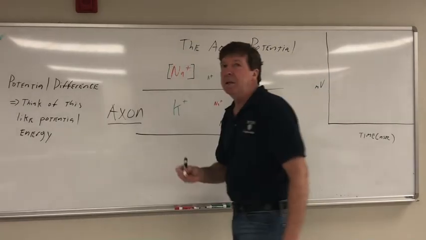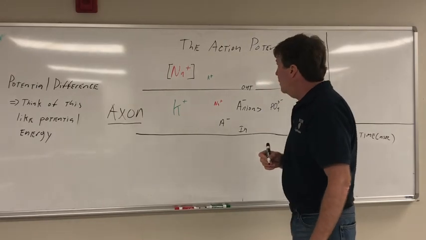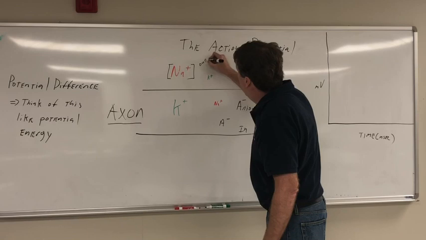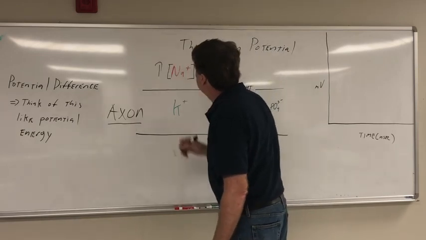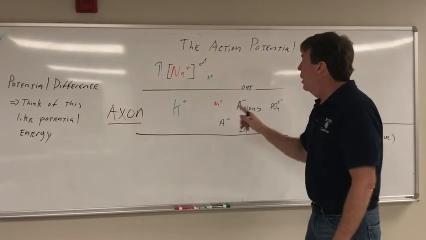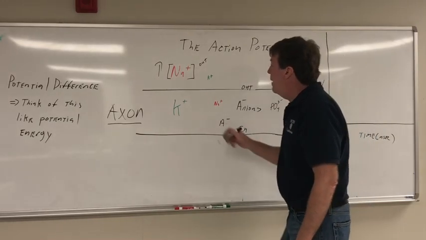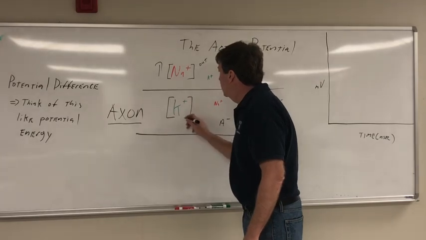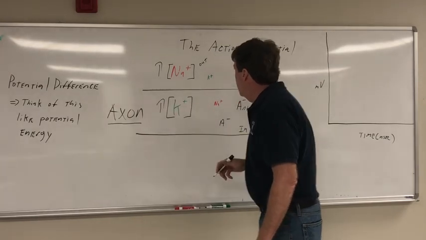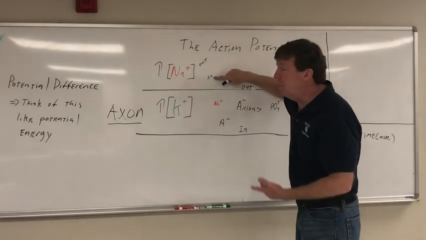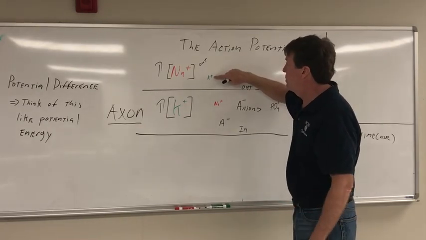The brackets mean moles per liter. So on the outside, we're going to have high sodium ion concentration. That's important. On the inside, we're going to have high amounts of potassium ions. Notice on the outside, there is some potassium ions, but they're in smaller amounts.